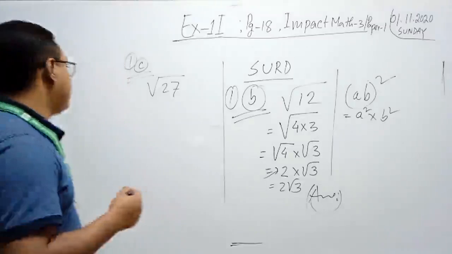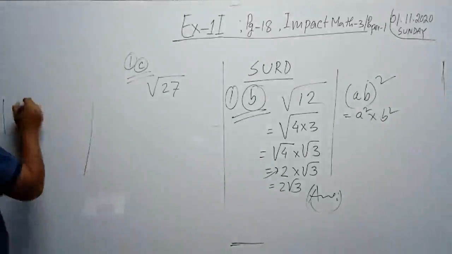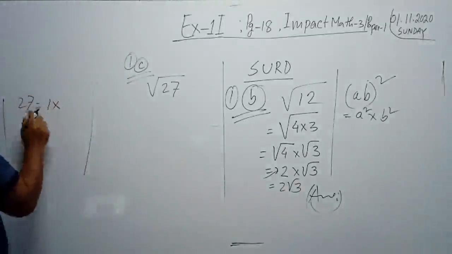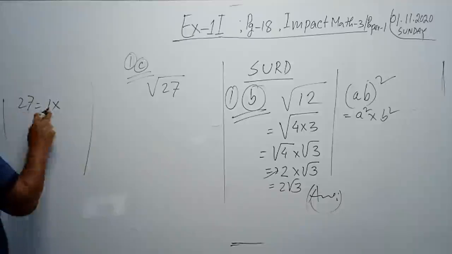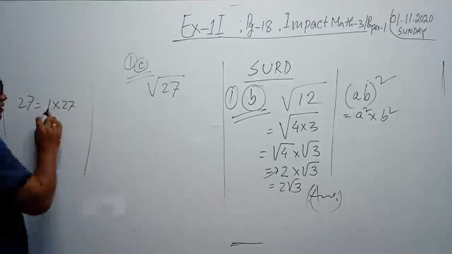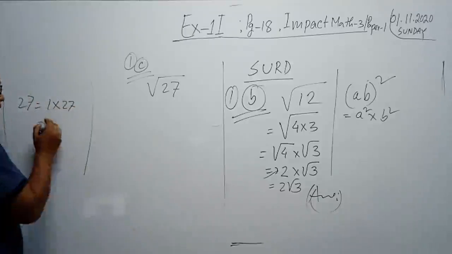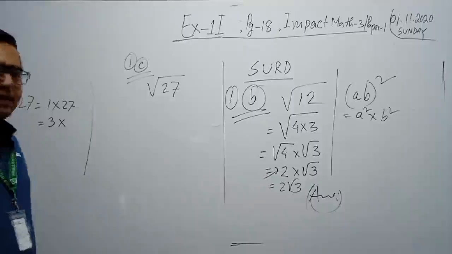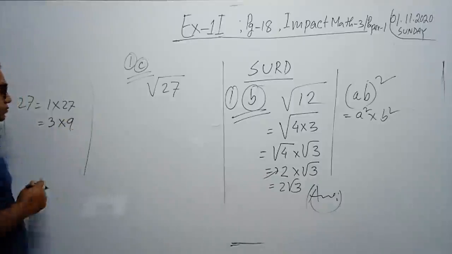So how do we find the factors? Suppose we write 27. Divide 27 by 1, you will get 27. Then divide it by 2. Can you get the factors in integer form? No. By 3, if you divide 27 by 3, you will get 9.